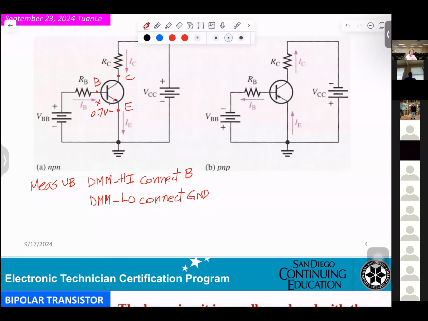Okay, when you measure at a single point, the other point of the meter must be connected to the common, to the route.